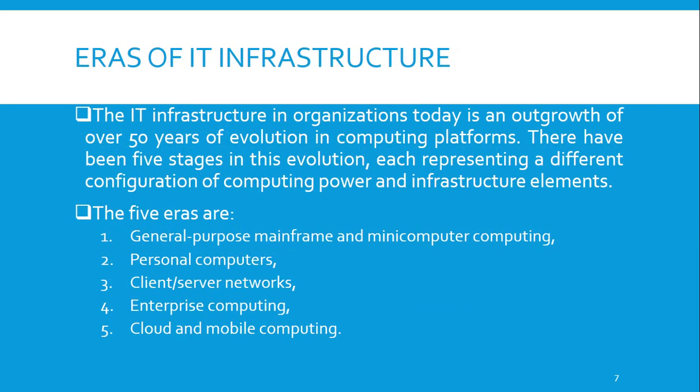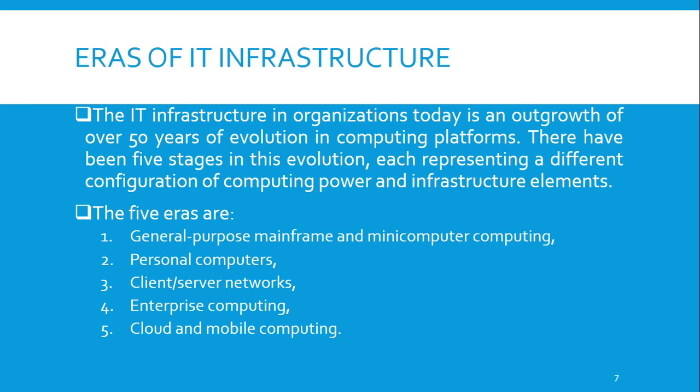Now moving to the second topic of chapter number 5, eras of IT infrastructure. The IT infrastructure in organizations today is an outgrowth of over 50 years of evolution in computing platforms. There have been 5 stages in this evolution, each representing a different configuration of computing power and infrastructure elements.